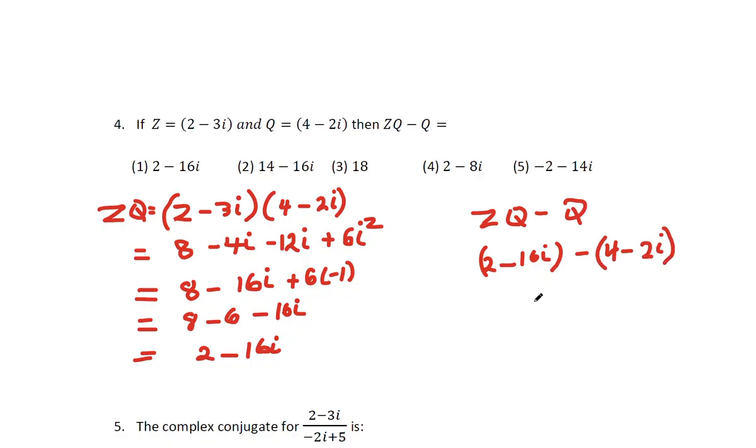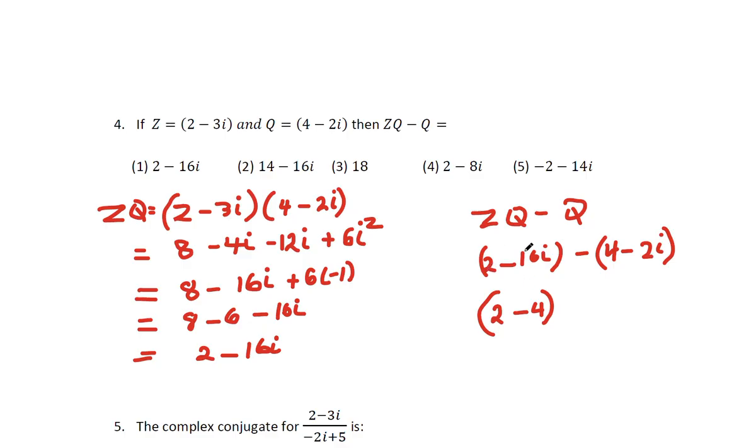And to solve this problem, what I'm simply going to do is subtract the real components and then subtract the imaginary components to get the answer. So this is really simple. It's just going to be 2 minus 4. That's subtracting the real components here.